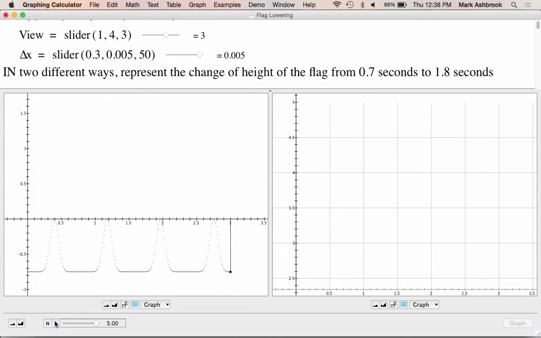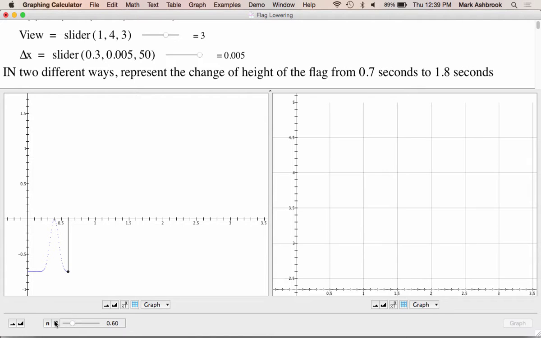Based on this rate function, the interval is so small that it's virtually the same as the original rate function. So can we make a sketch, over here now, of the height function of the flag? Just a rough sketch. I don't remember what I said it started at, so we'll say it starts at 5. I think it starts at 5.